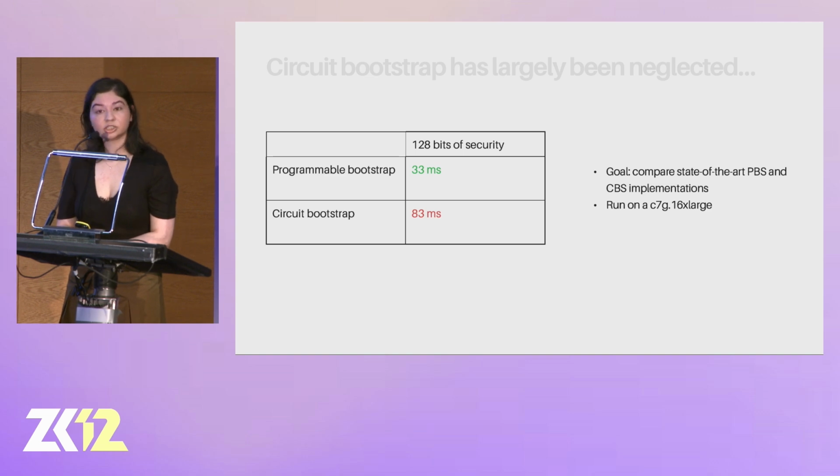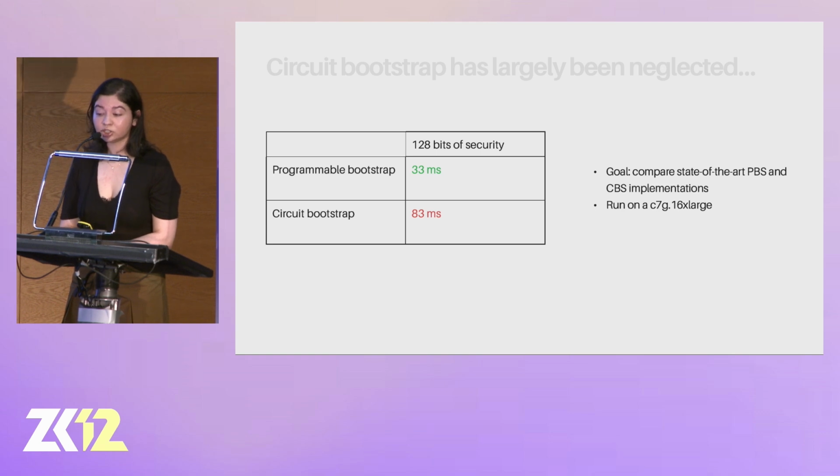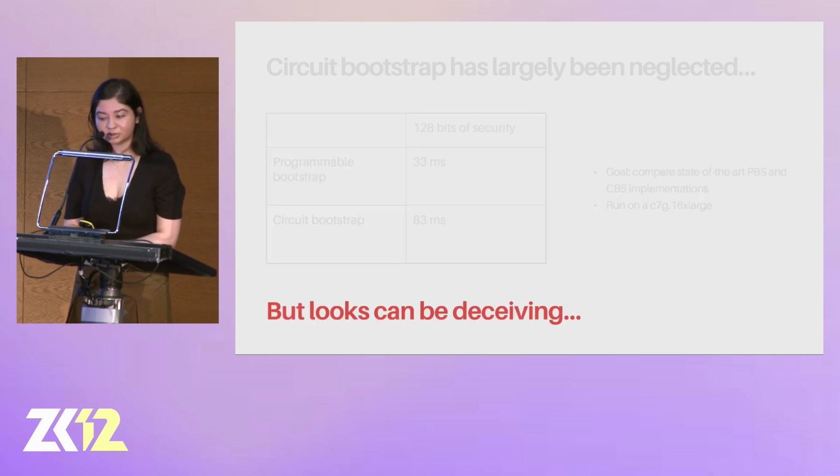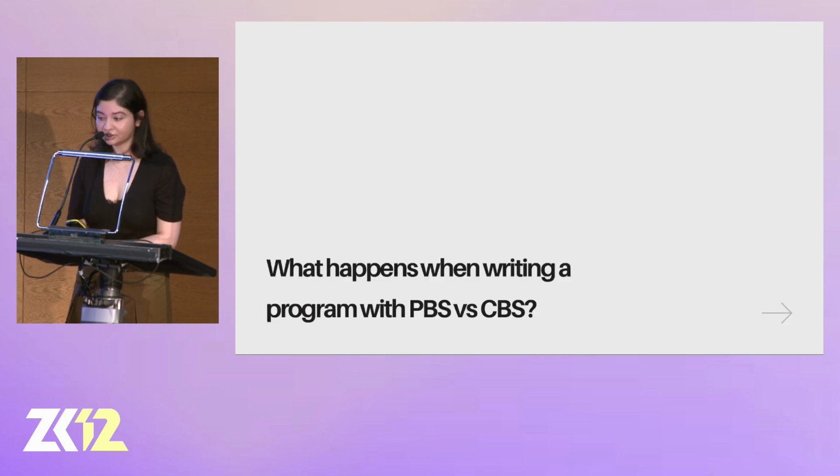We have a few theories for why this might be, but one potential theory is that if you take a fairly standard security level, so say 128 bits of security, circuit bootstrapping doesn't look that promising. The time's pretty abysmal, and it's over 2.5 times slower. But looks can be deceiving, so should we actually call it a day at this point?